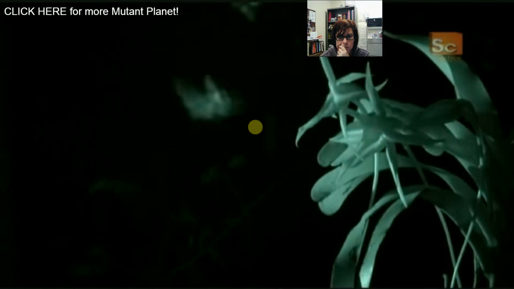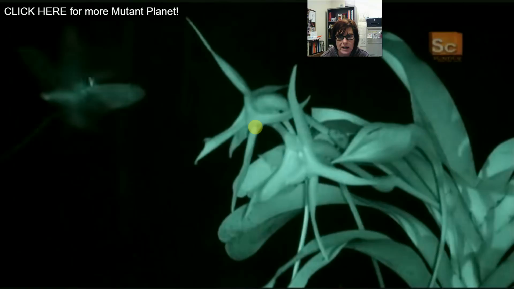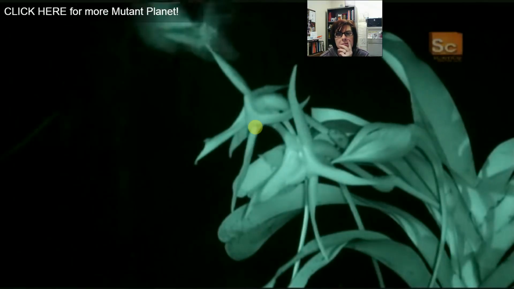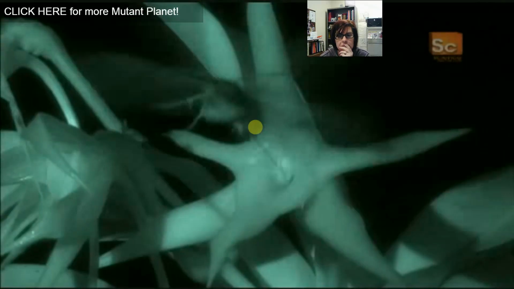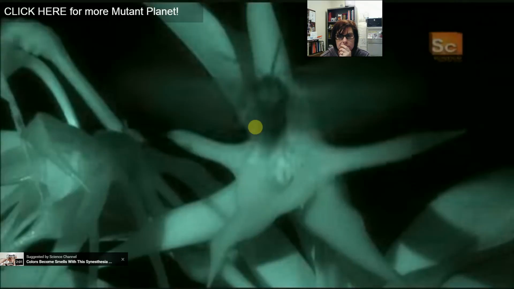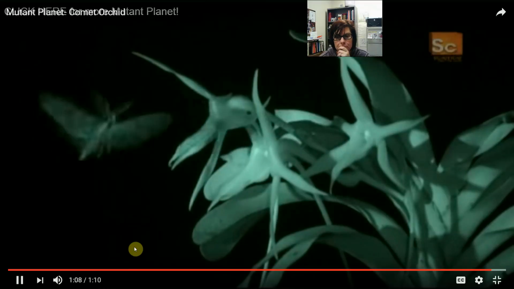Finding one, it unrolls an exceedingly long feeding proboscis. Exactly the same length as the nectar tube. It's no coincidence. It's an exclusive partnership where for the price of a sweet treat, the hawk moth takes pollen only to other comet orchids. On Madagascar, mutant tongues show the power of adaptation.